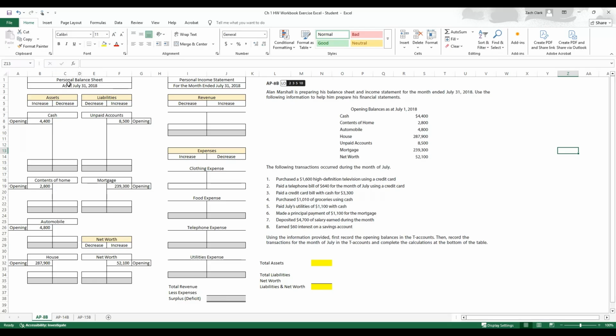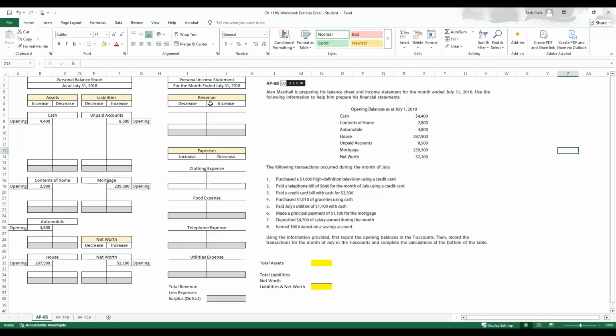And so the balance sheet tells us what is the balance at any given point in time. So in this instance, we're saying these balances are as at July 1st. And when we do all our work, we're going to end up knowing what our balances were at July 31st. So you can kind of think of it in a way of like, if you were to check your bank balance at any given point in time, that would be what you'd have listed on your balance sheet, your assets, your liabilities, etc.